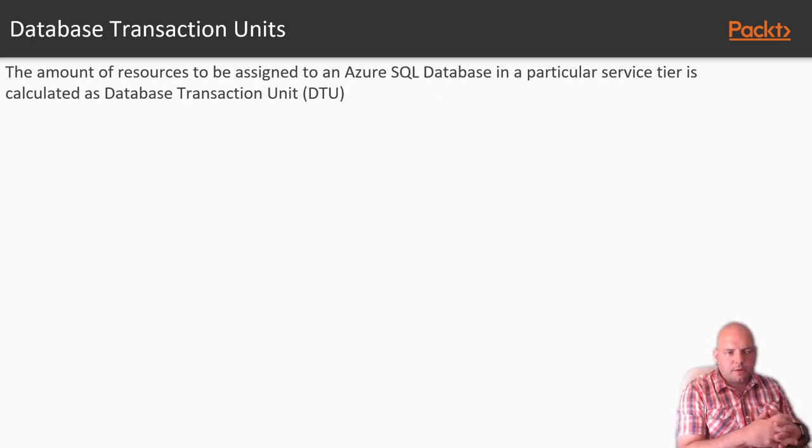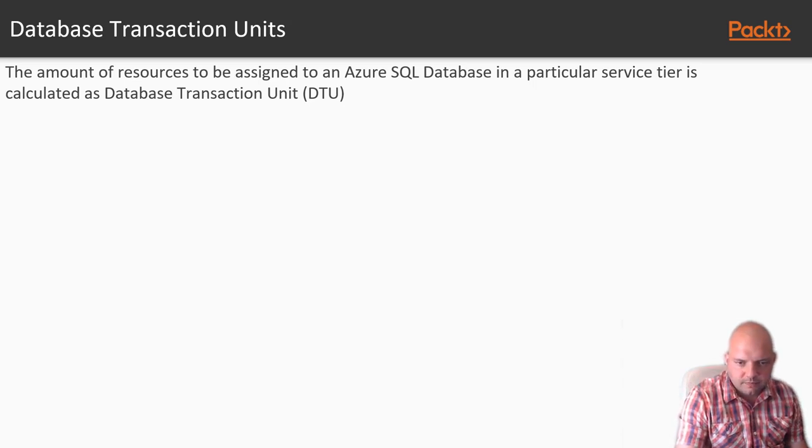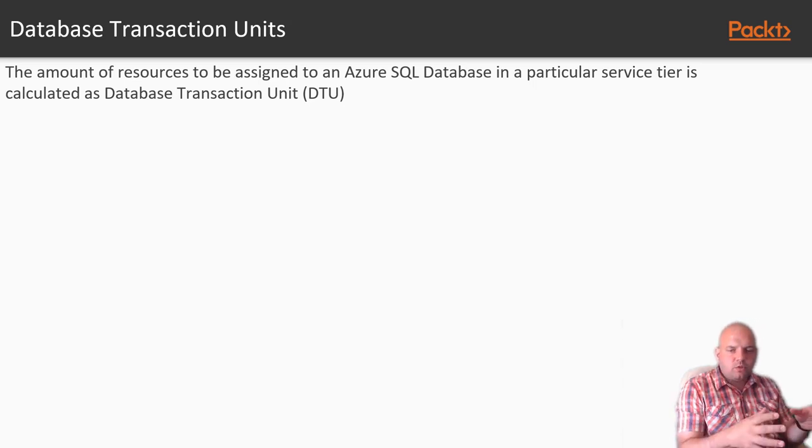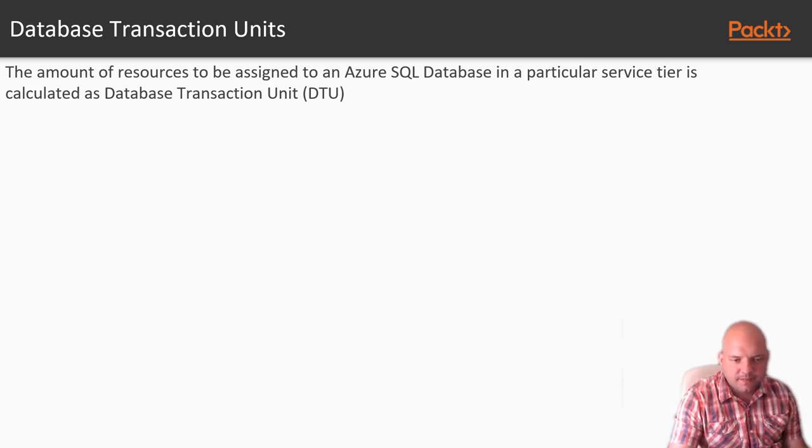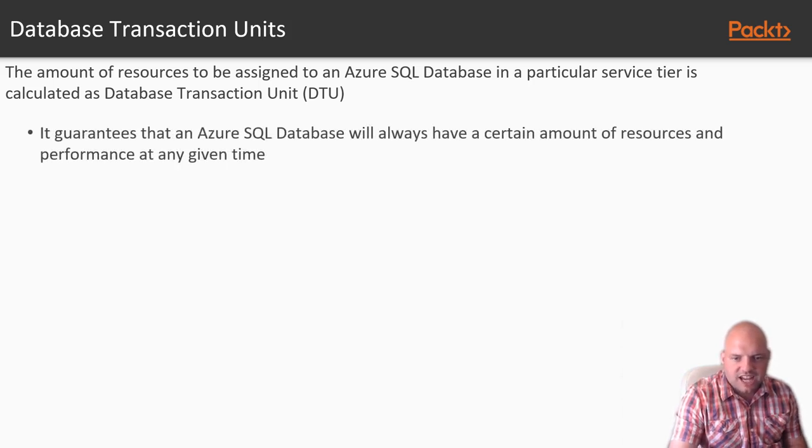Now, we've been talking a little bit about DTUs, database transaction units. The amount of resources in terms of CPU, I/O and RAM that's going to be assigned to an Azure SQL database at a particular service tier is calculated in terms of DTUs. DTUs guarantee that an Azure SQL database will always have a certain amount of resources and performance.